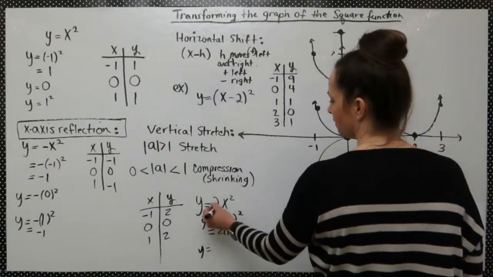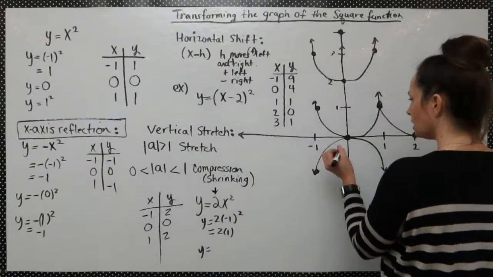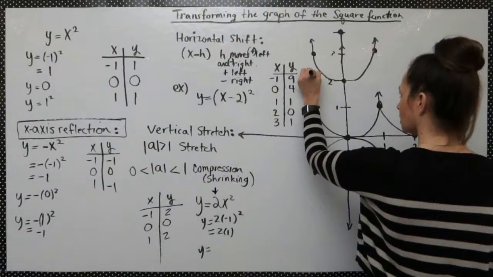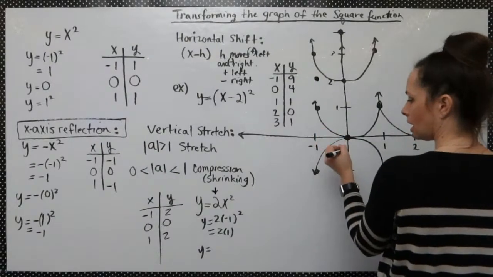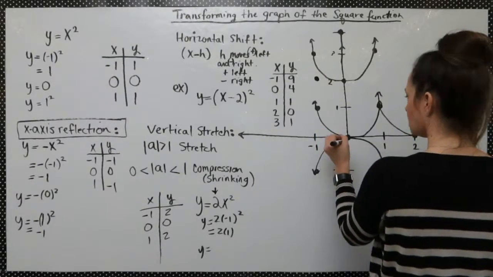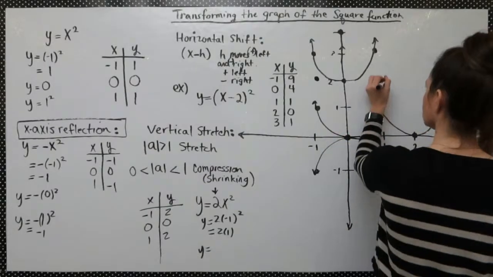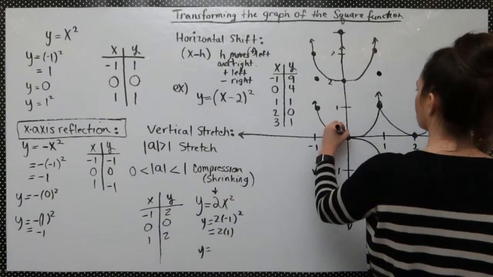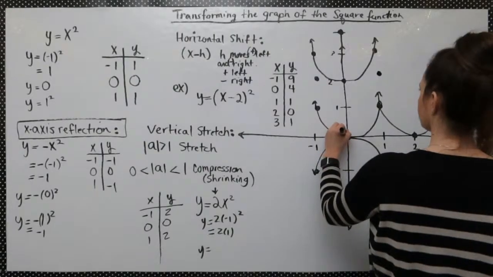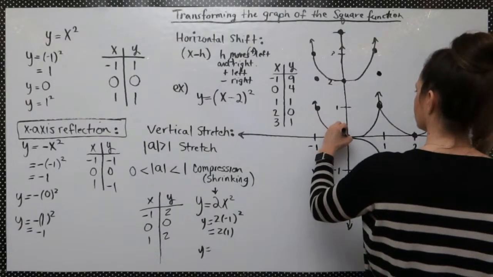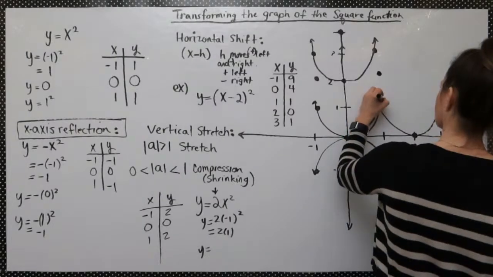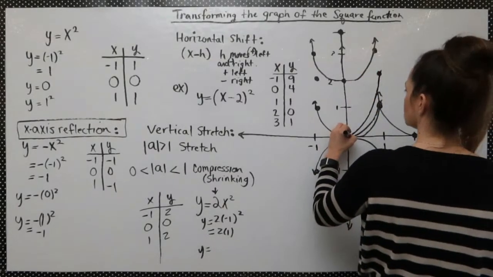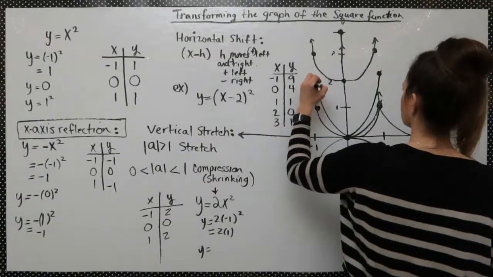So by a factor of 2, you've got -1, 2 here now, and you've got 0, 0, and 1, 2. Where it's just stretching that graph out just a little bit.